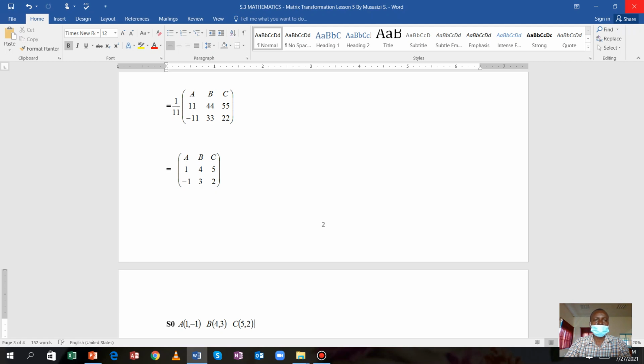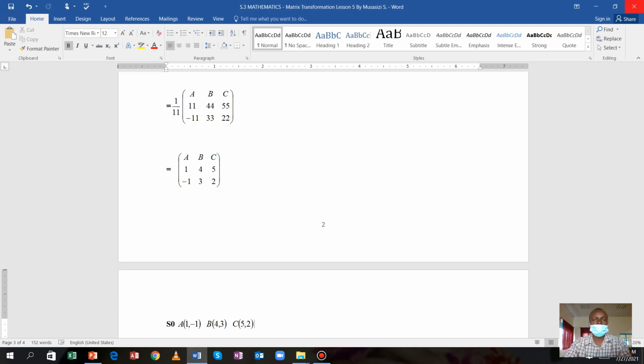Down, again, negative 11 times 1 over 11, divided by 11, you get negative 1. 33 divided by 11, you get 3. Then 22 divided by 11, you get 2.